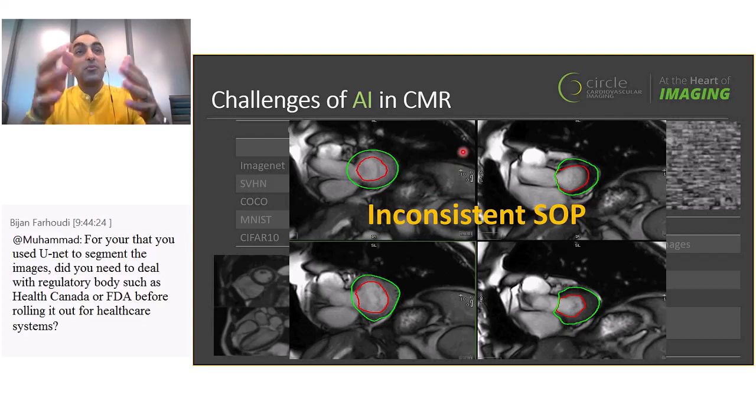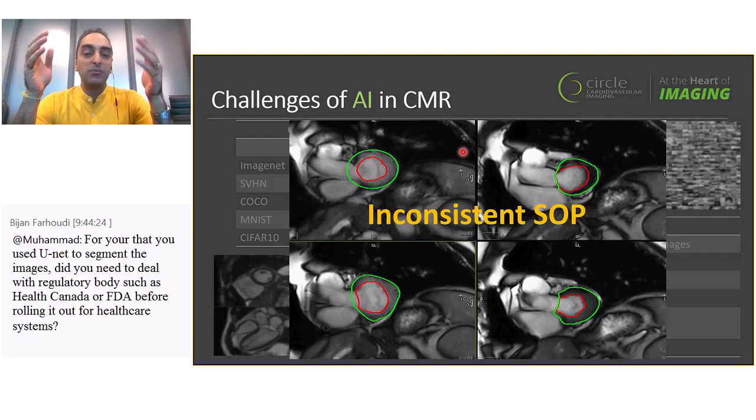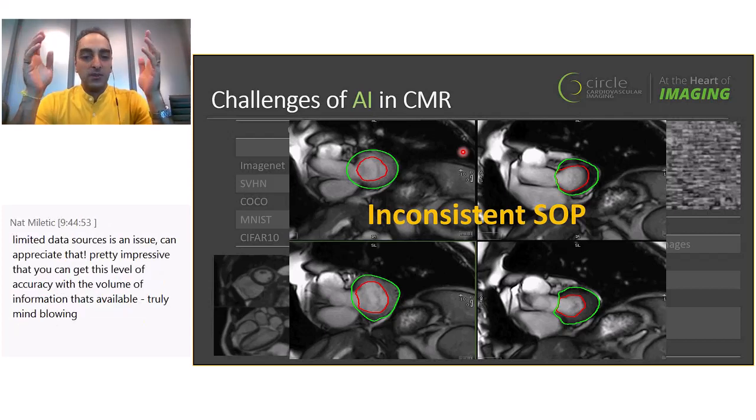And this not only poses a problem when it comes to training, because we have variability in the annotations, it also becomes a problem during inference, because you can imagine, depending on the standard operating procedures, or the SOP, at a particular institution, they may require you to output contours that conform to their SOPs, right? So for example, a center in Singapore might have a different SOP for contouring than a center in the US or in the UK. So what's the solution to that?